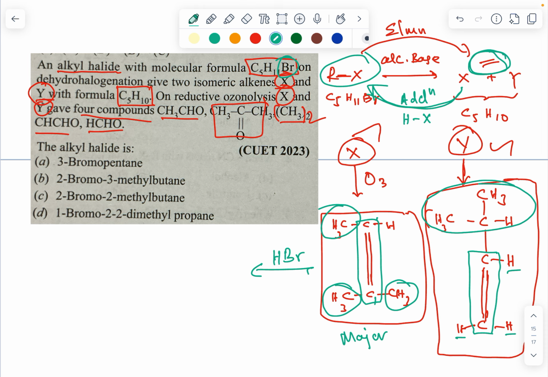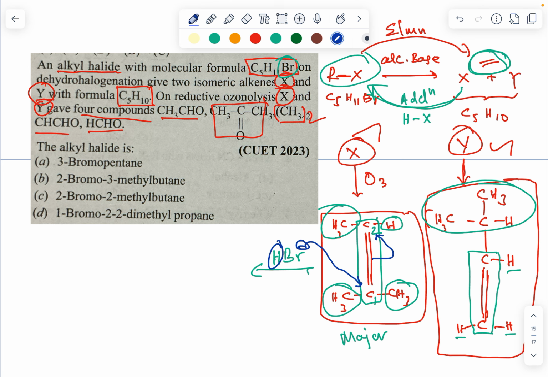Here carbon number 1 and carbon number 2. Carbon number 2 has one hydrogen, and carbon number 1 has no hydrogen directly. So obviously Br minus is added to the first carbon, and here I got the negative charge. That negative charge abstracts the proton over to here.